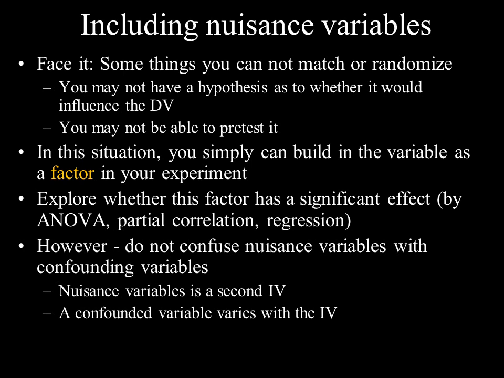So if you record that information, you can later put that into the analysis as a factor that you want to include. That's called a nuisance variable. But keep in mind that nuisance variables are not necessarily confounding variables, because it may be the case that nuisance variables have no effect on the outcome measure, in which case they're not confounding.